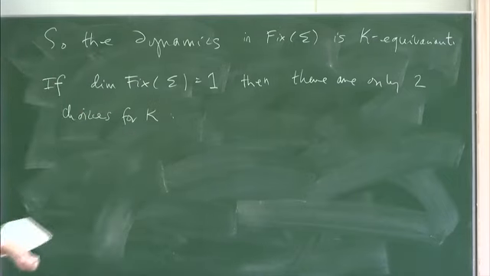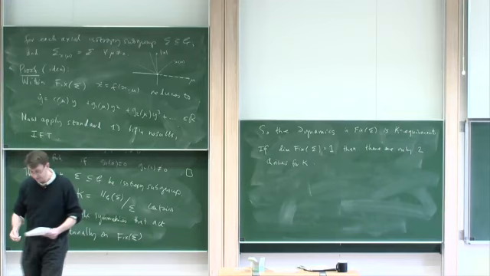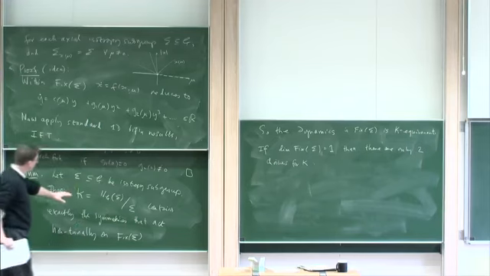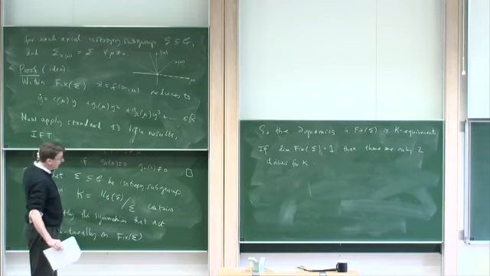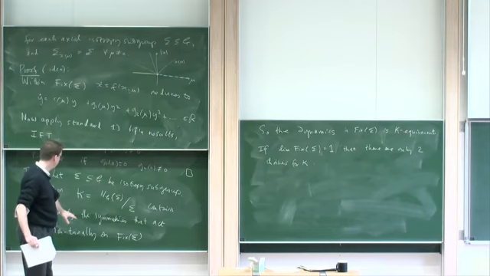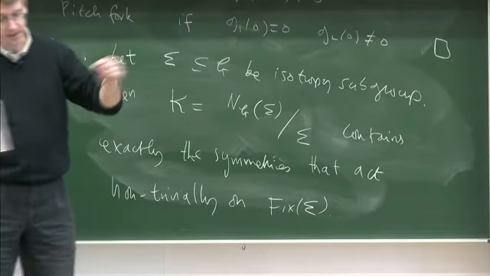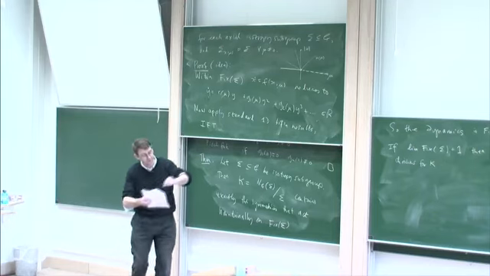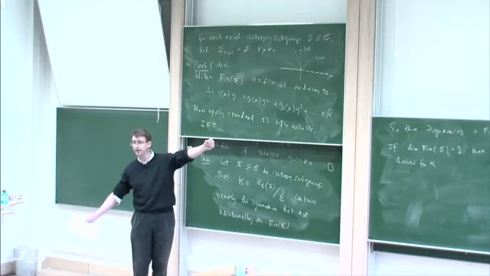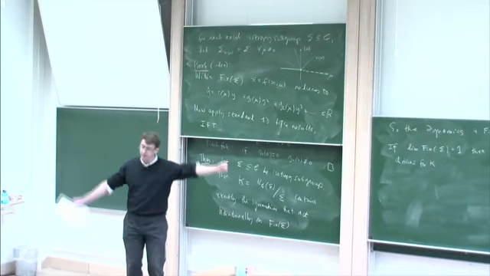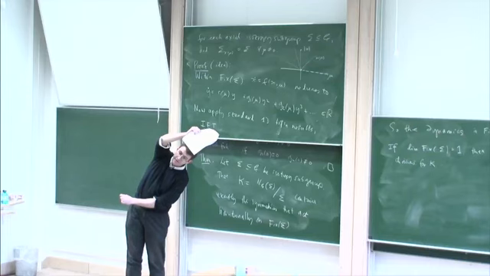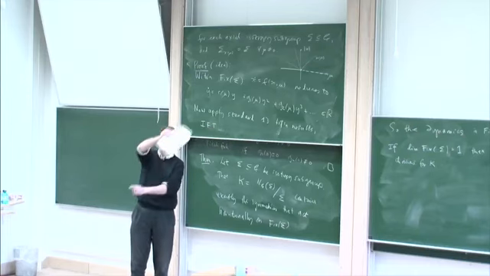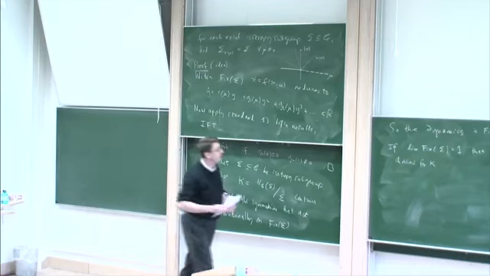Okay, so if I have a line, and I think about what this normalizer could look like, it's a collection of symmetry elements that map the line into itself, there are only two possibilities. Either it fixes every point on the line, and everything acts as the identity, or there are some elements that take x to minus x along the line, act as minus the identity.